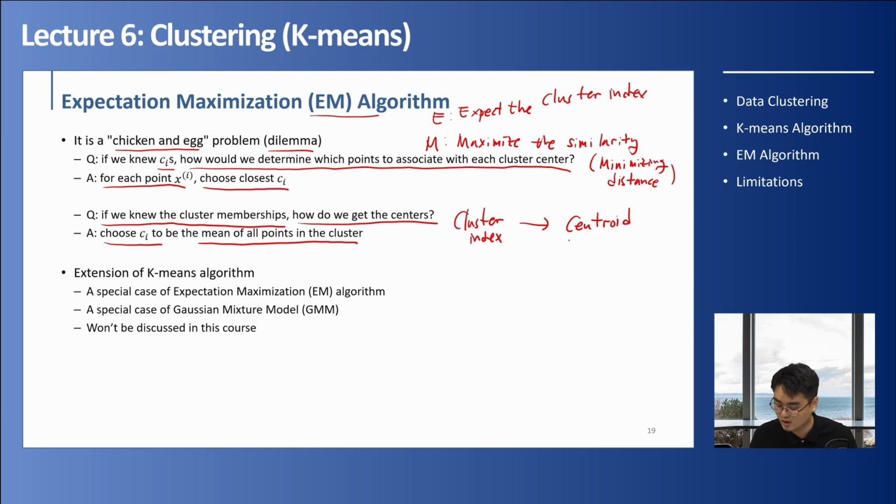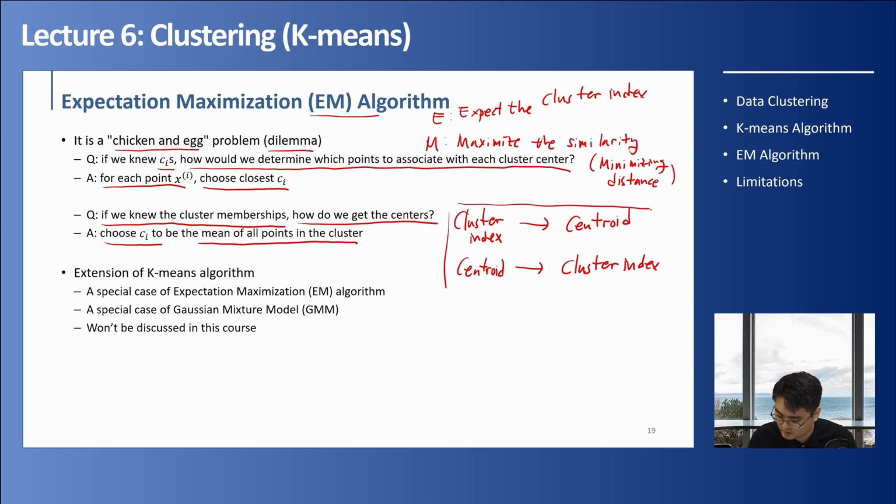However, in the opposite direction, to know the cluster index, we actually need to know the centroid, because we are assigning our data points to clusters based on the distance to the centroids of each cluster.